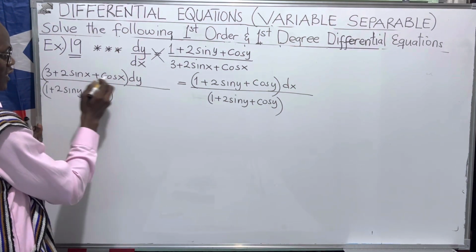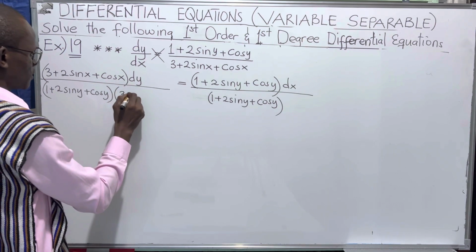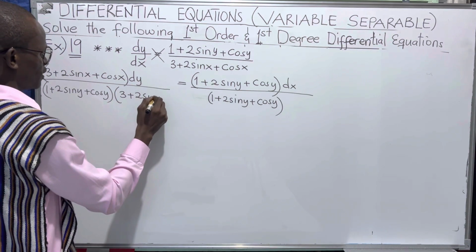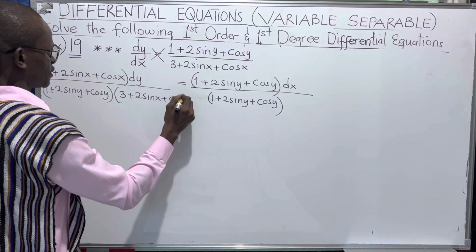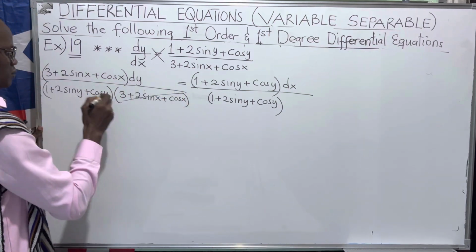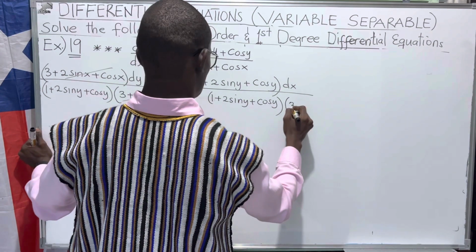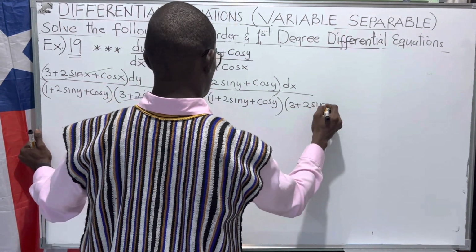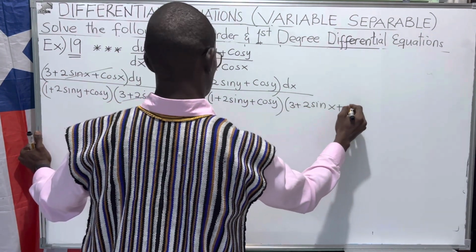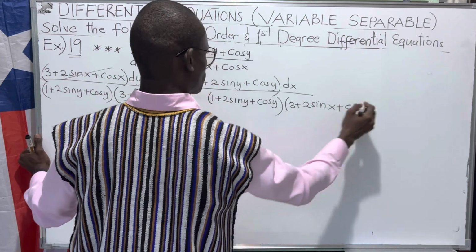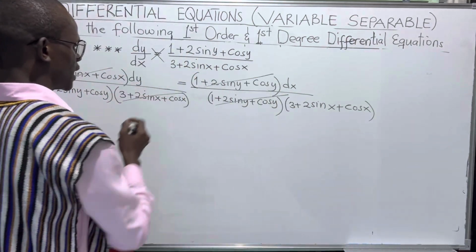These expressions are all in x, so we must divide it on both sides. Sine of x plus cos of x. So this will carry this one out. And then we do the same on this side as well. 3 plus 2 sine of x plus cos of x. So this one will carry this one out as well.